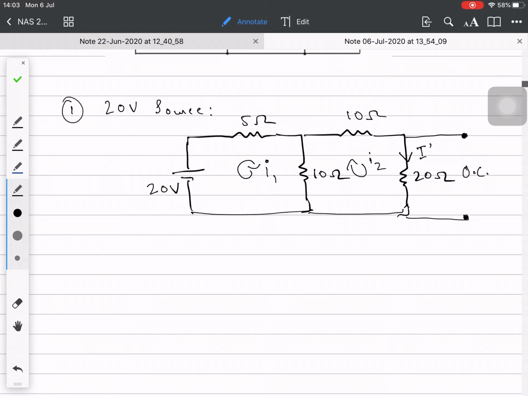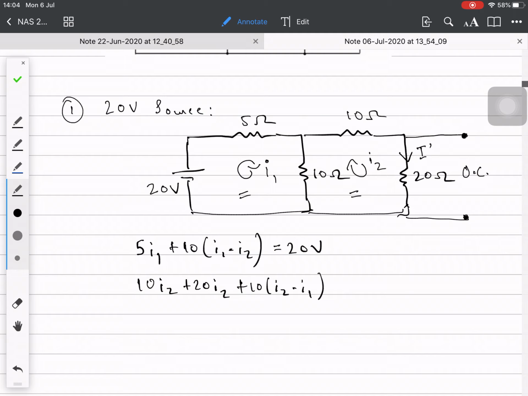If you apply mesh analysis in the first loop, we get 5I1 plus 10(I1 minus I2) equal to 20 volt. Similarly, applying KVL in the second loop, we get 10I2 plus 20I2 plus 10(I2 minus I1) equal to 0, right.